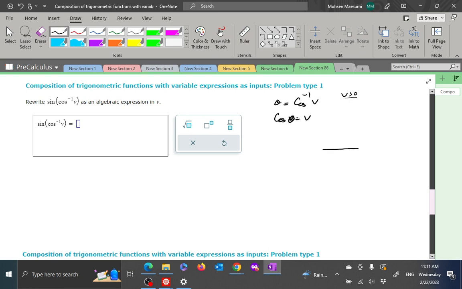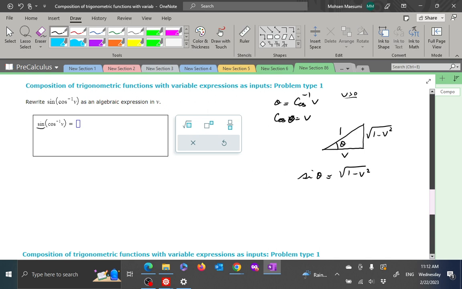So suppose we have a situation in a unit circle, then the hypotenuse is 1 and the adjacent is what the cosine is. So cosine of theta is going to be v. Well, what's going to be the opposite? From the Pythagorean theorem, the square root of 1 squared minus v squared gives you the opposite. What's the question? The question is, what is the sine? Well, sine of theta is going to be opposite divided by hypotenuse, which turns out to be what you have.